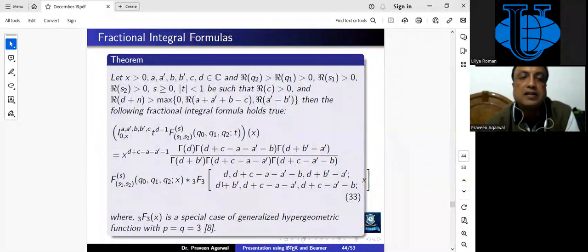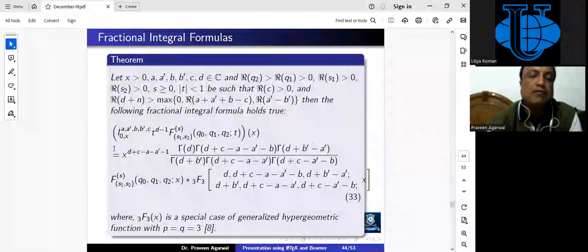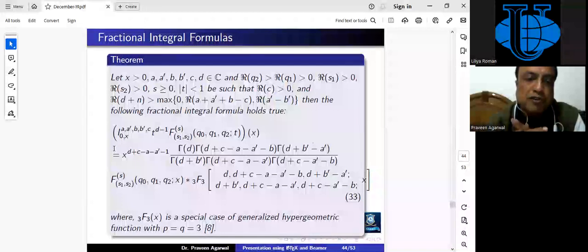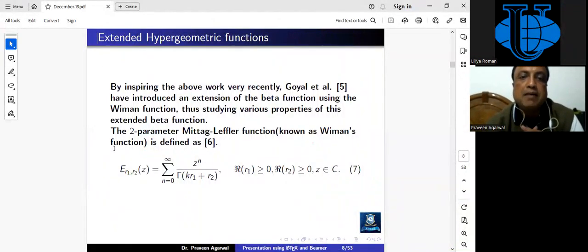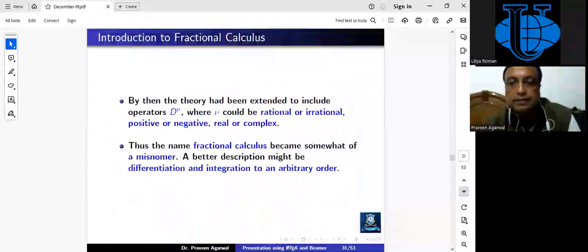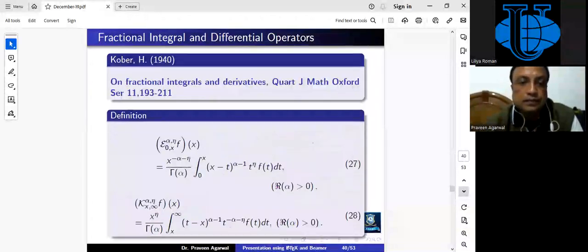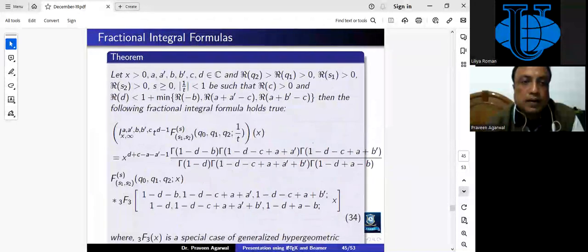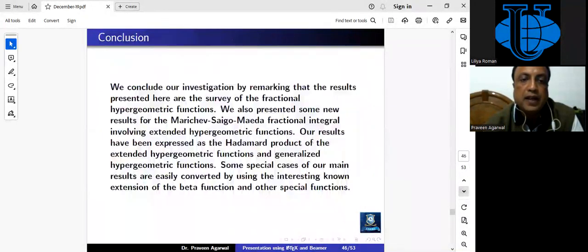So this is the generalization result we got with the help of the Saigo-Maeda fractional integral operator. We call it the composition formula, or sometimes the image formulas. So inspired by the above work, very recently, in the same way, they have developed another result.